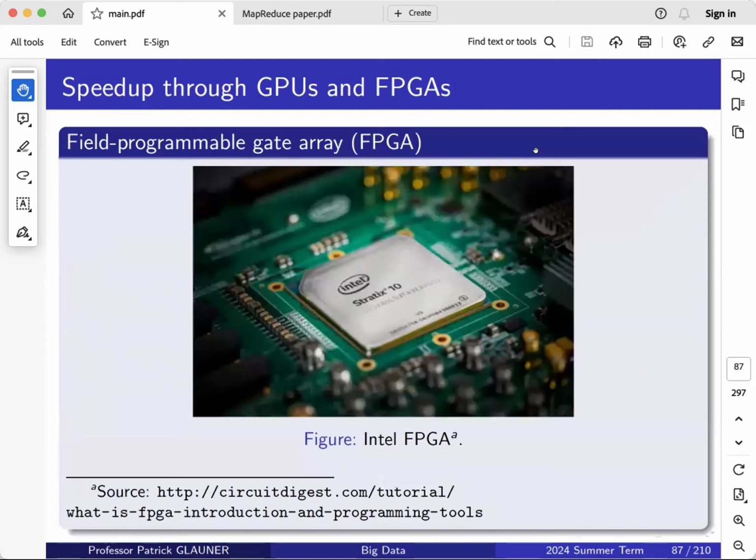There are other approaches to training neural networks efficiently. For example, there are FPGAs. An FPGA stands for a field programmable gate array. Field means customer. So an FPGA is a highly flexible piece of hardware. The opposite would be an ASIC.